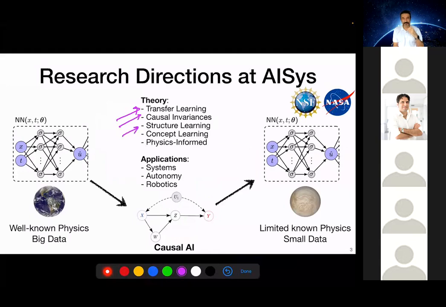We also look into structural learning, concept learning, and physics-informed learning. And our research is proudly funded by NSF and NASA, and we thank them for supporting our research.